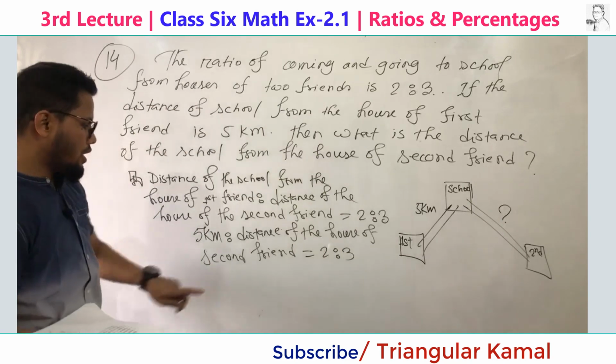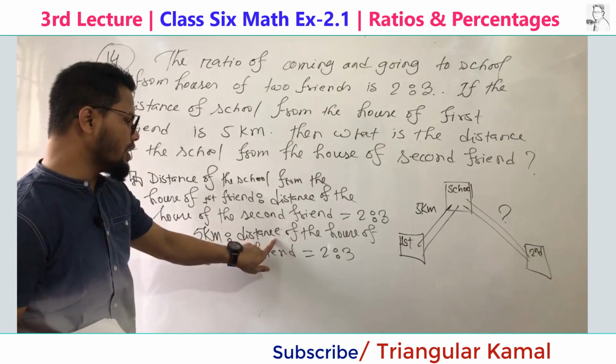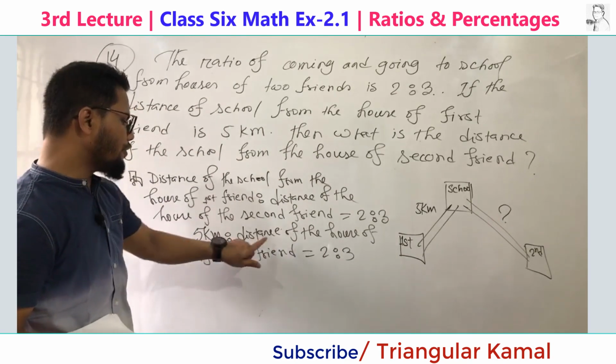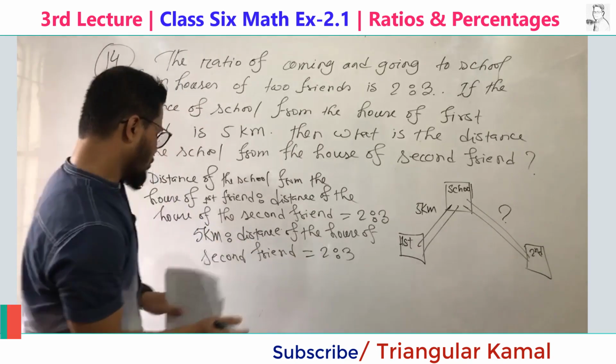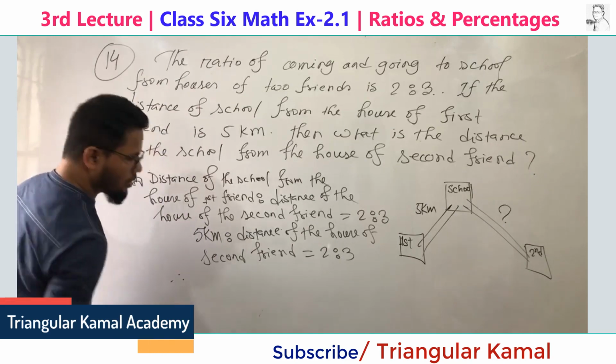So just try here. The second quantity is unknown here. We know the formula, second quantity multiply with the third quantity. So we can start from here.